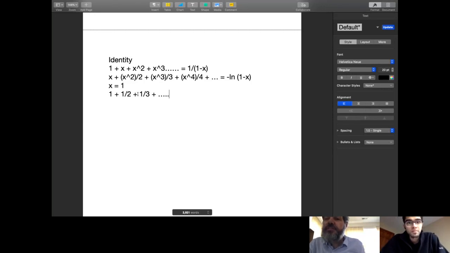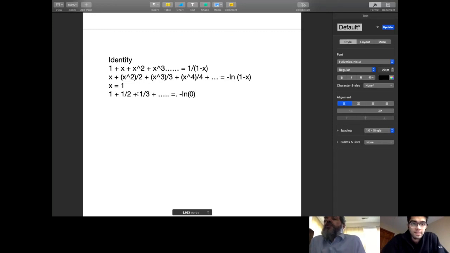And now this equals minus natural log of, now it's 0. And indeed, natural log of 0 is undefined, but when x approaches 0, it goes to minus infinity, and with a minus in front, plus infinity. So you see, it's consistent.